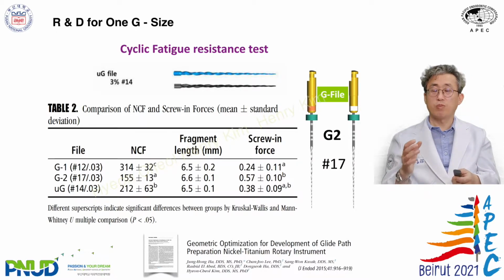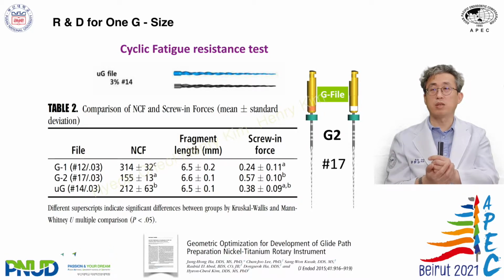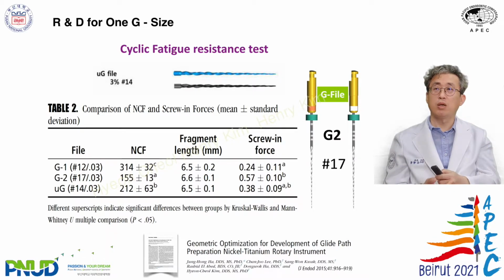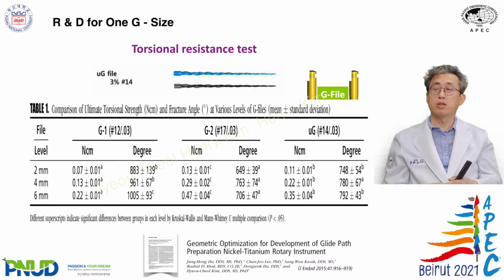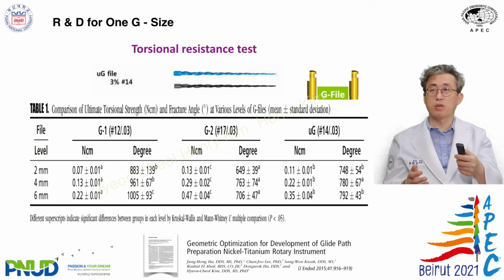In the result of fracture test, as expected from the finite element study, the prototype size 14 had mid position between G1 and G2. And also the torsional test reported the same thing. The prototype has mid position between G1 and G2. Stronger than G1, more flexible than G2. So it is quite good between two positions.